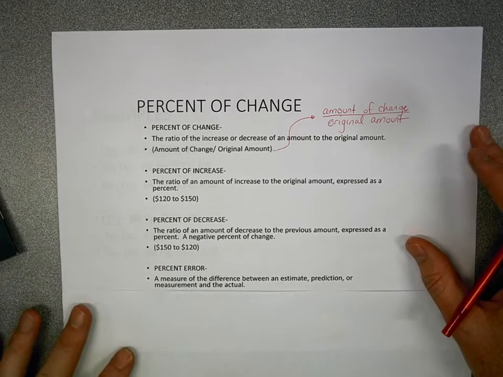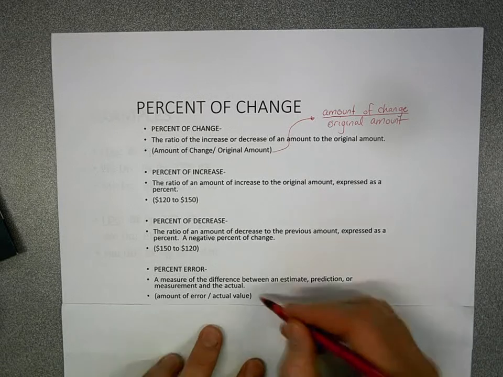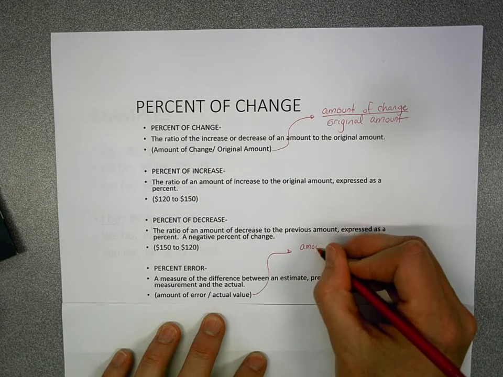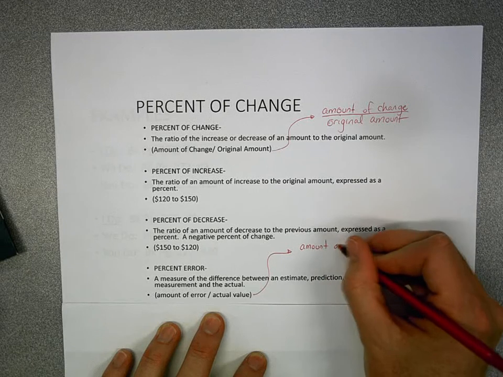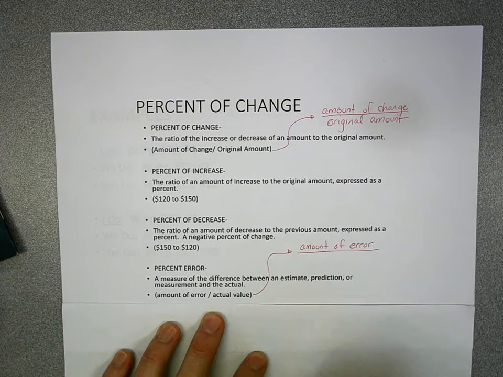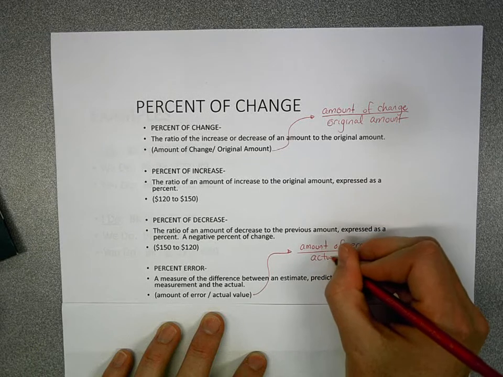In your little box, this is the ratio, so write it as a fraction as well. You find the amount of the error, put that on top, and then put the actual value on the bottom.